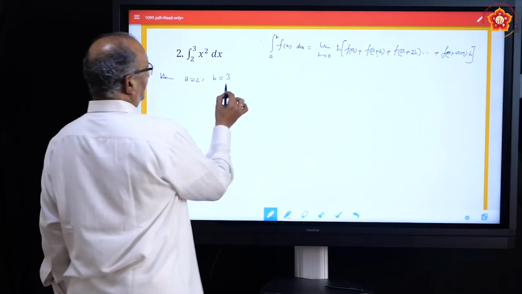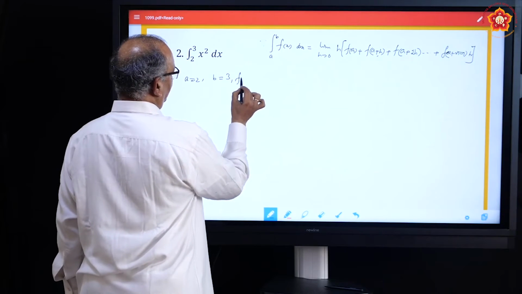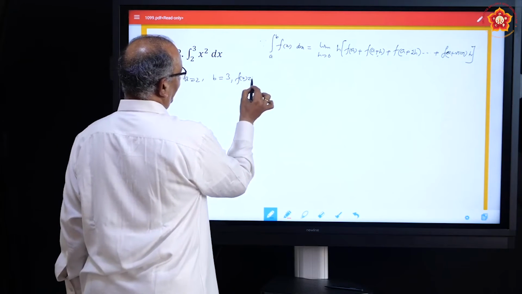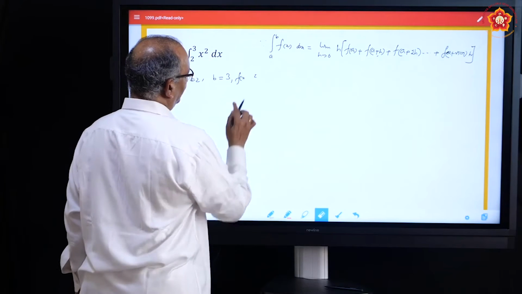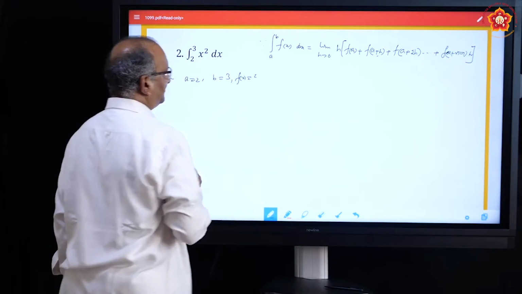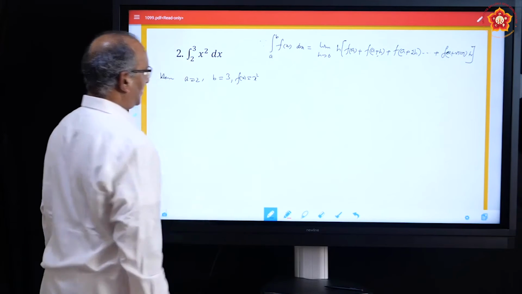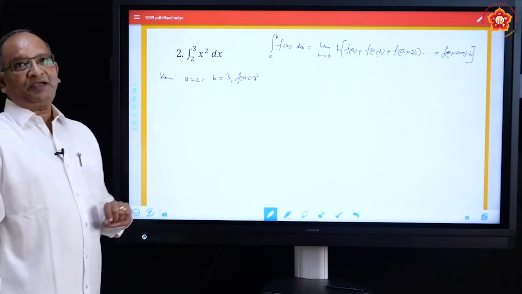We also find that f of x is x square. So first find out h.